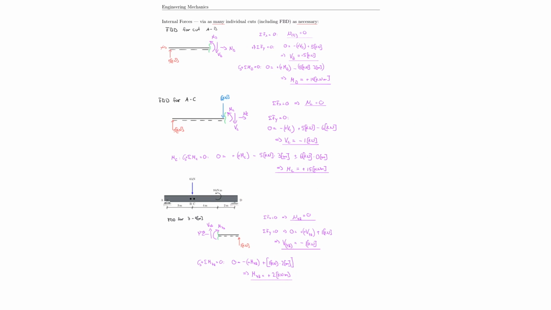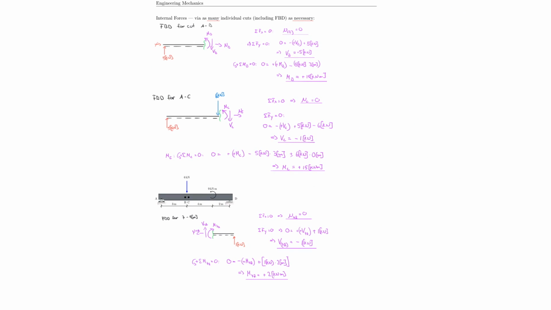Let's take a final look at what we did. So I did decide to make my cut from A to B, from A to C. That was per definition. I found my normal force, my shear force, my moment, my normal force, my shear force, my moment. And then I also decided, because I didn't know what's going on at this location, to make another cut.